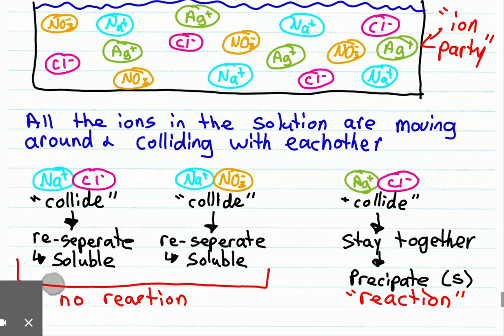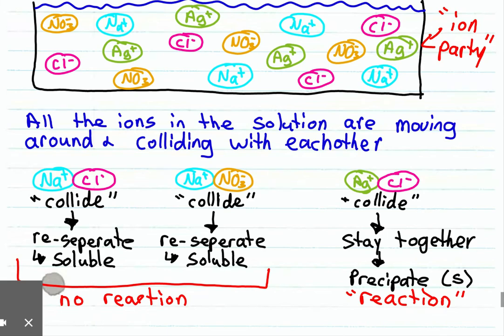All right, sorry. So the sodium and the nitrate, they collide, they bump into each other at the party, but they're immediately like, I don't really want to hang out with you. And they re-separate because the sodium and nitrate together are a soluble substance.